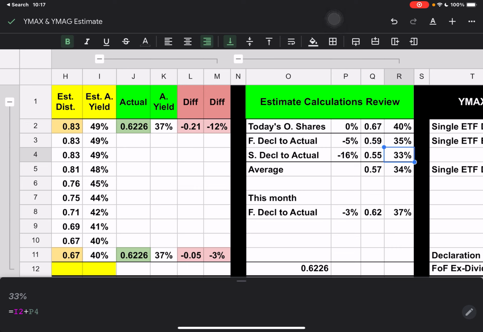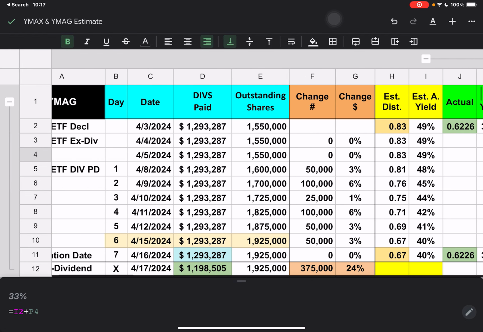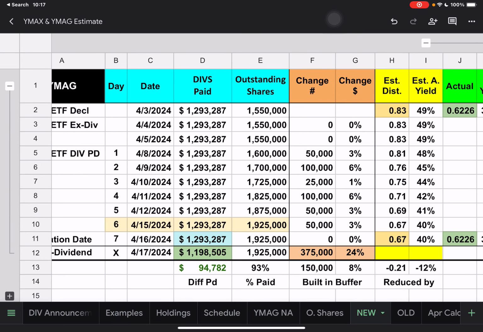So this one, let's see, what did I say down here? That we had an 8% buffer, or 150,000 shares buffer here.